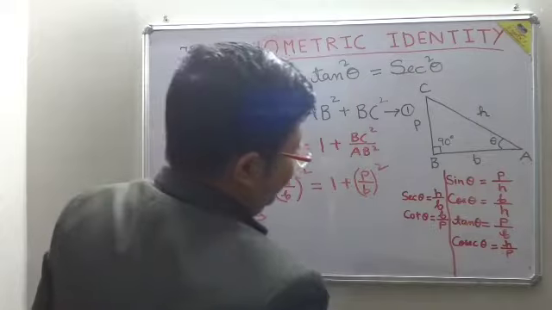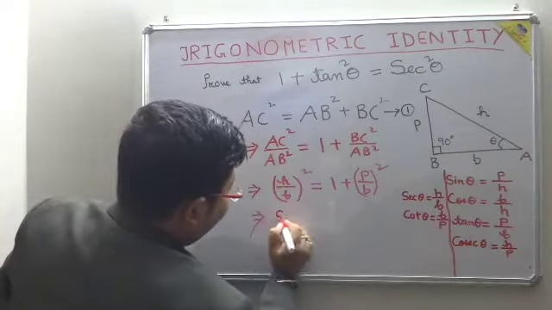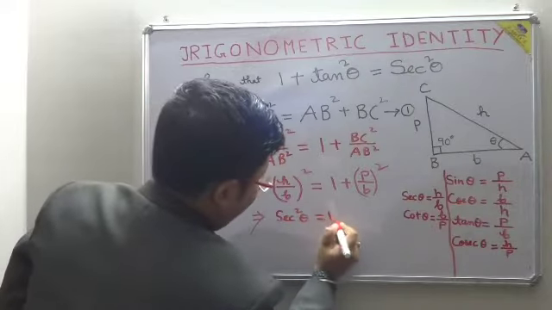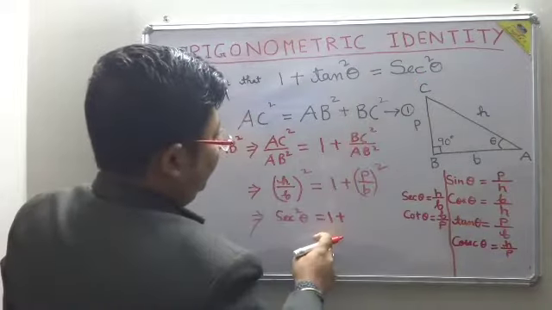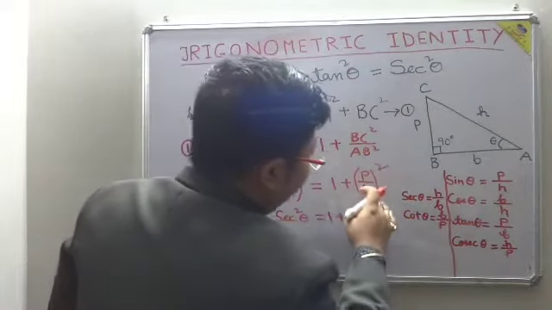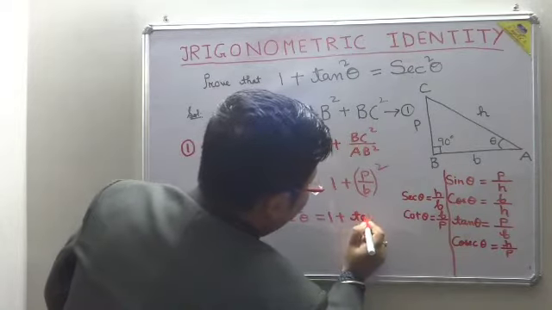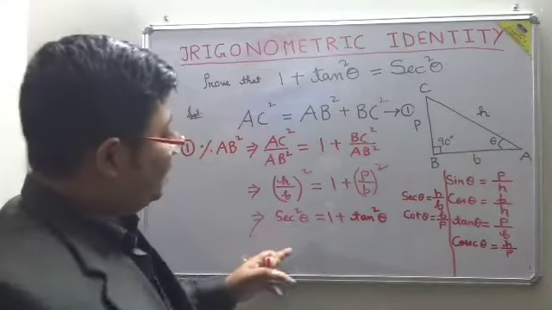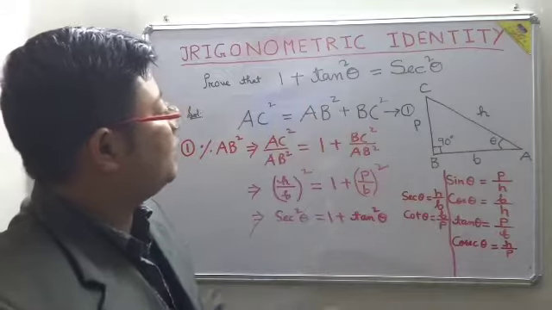H by B whole square means sec square theta, and P by B square is tan square theta. So sec square theta equals 1 plus tan square theta. Hence proved.